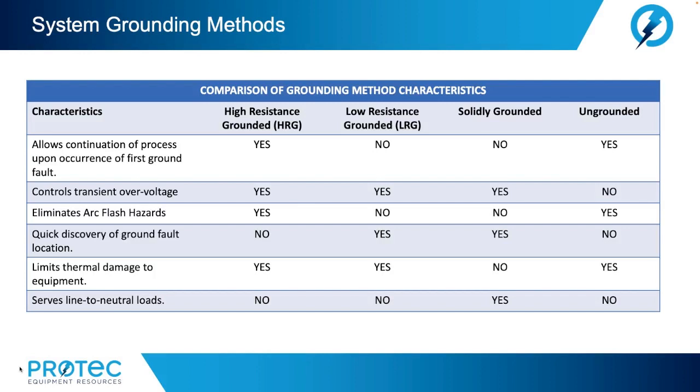No, in a solidly grounded, you're taking the full impact of the maximum fault current. And yes in an ungrounded system. And ability to serve line to neutral loads: no in an HRG, no in an LRG, yes in a solidly grounded, and no in an ungrounded system.